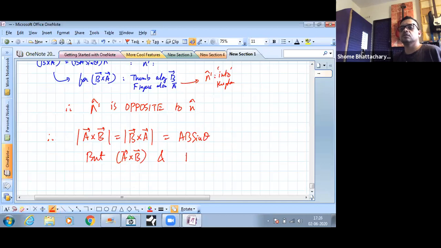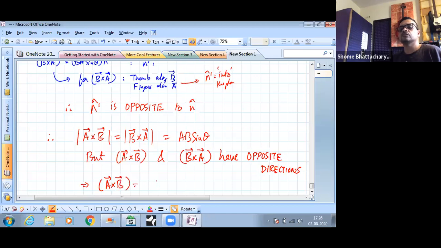B cross A and A cross B have opposite directions. Okay. So that is why finally as a vector equation we write that A cross B is equal to minus of B cross A.